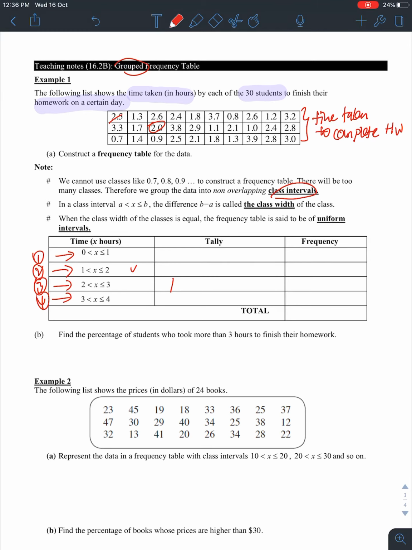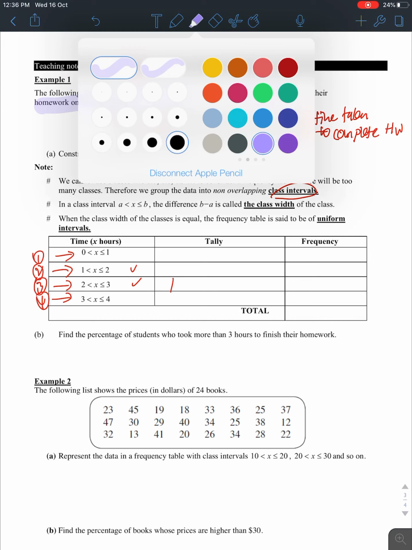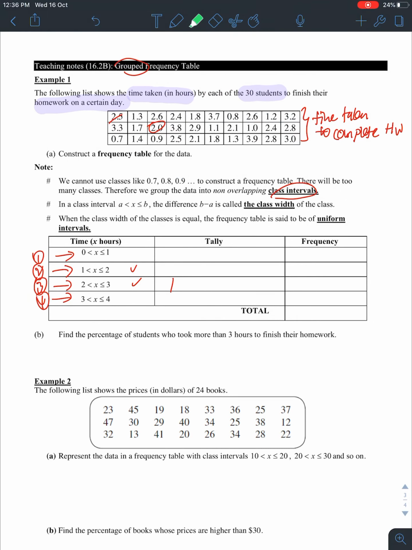Should it be in 2 or 3? In order to answer this question, you should be very careful in reading the inequality. This equal sign for less than or equal to means that 2 is included. So for the case of 2.0, we should be choosing the second class interval.